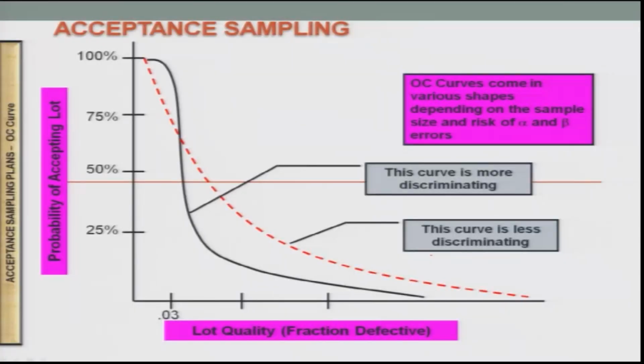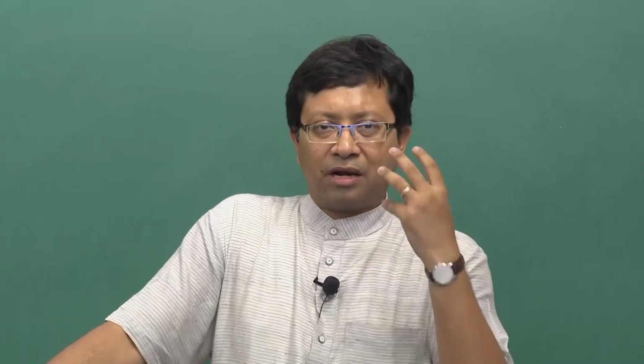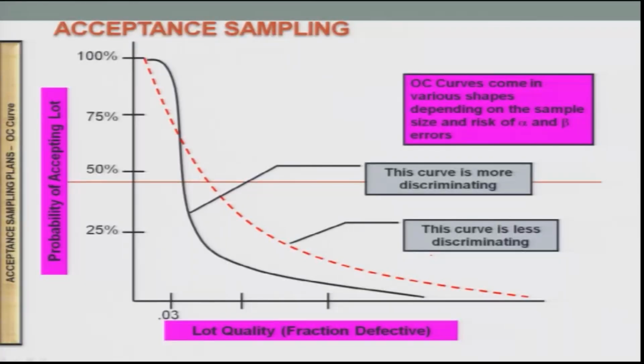So, to explain it further, again the same graph, but the example being given is not with actual data; I am only trying to specify the overall coverage areas of the different portions of the graph. As per the same norm, we are measuring the probability of acceptance of the lot along the y axis and the lot quality fraction defective along the x axis.